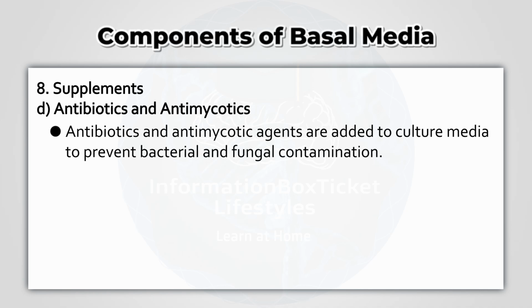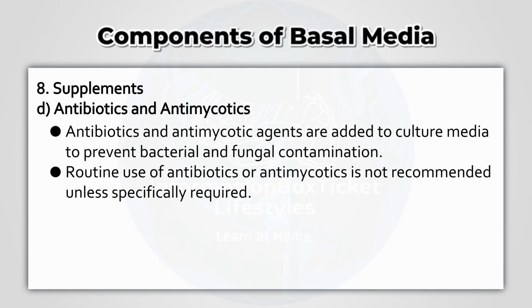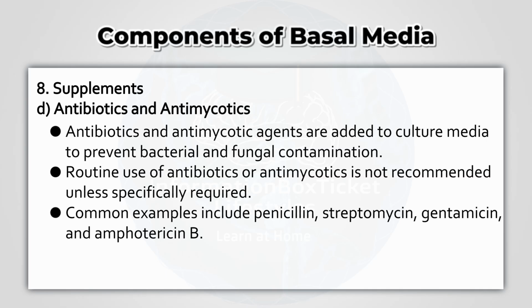Antibiotics and antimycotic agents are added to culture media to prevent bacterial and fungal contamination. Routine use of antibiotics or antimycotics is not recommended unless specifically required. Common examples include penicillin, streptomycin, gentamicin, and amphotericin B.